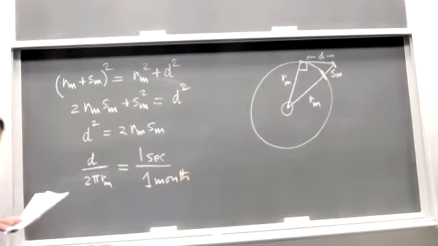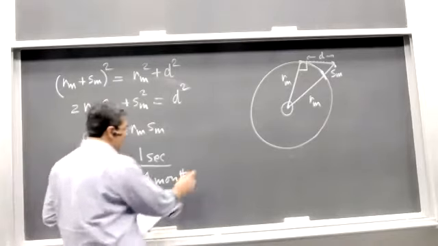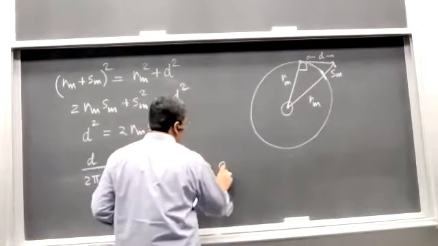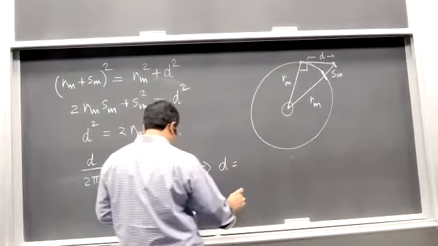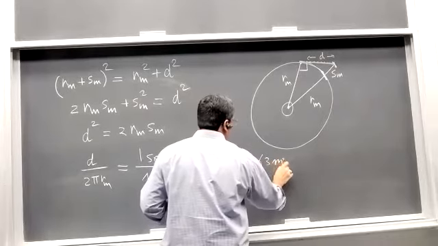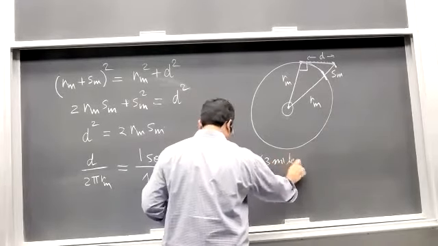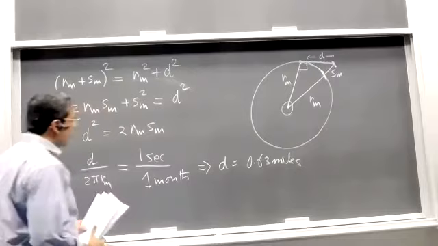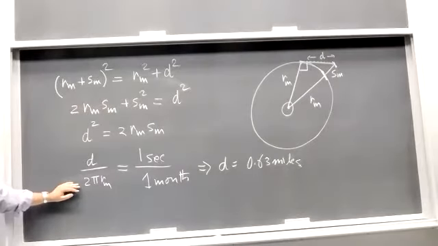Now from here, you can calculate that D turns out to be 0.63 miles. Once you know D, now this is empirical.